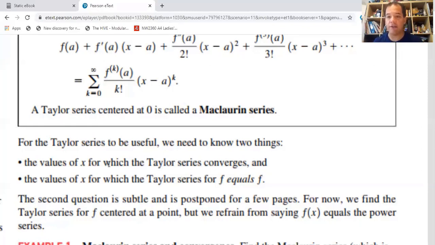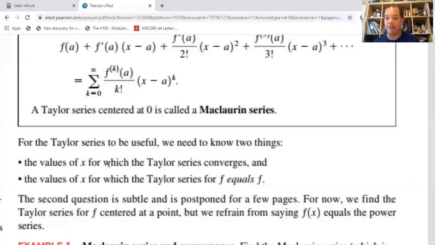So this second question, we're not going to be concerned about today. We'll talk about it mostly tomorrow, all right? So for now, we're going to say it the way it is written right here in the book. So we're going to talk about Taylor series and Maclaurin series of a particular function, but we're not going to say it equals the function because we don't know that yet.